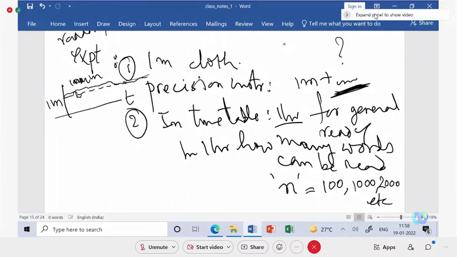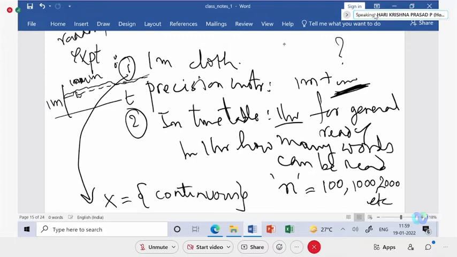So when we have this much deviation, the values associated with experiment 1 can be represented by a set of values which are continuous in nature.